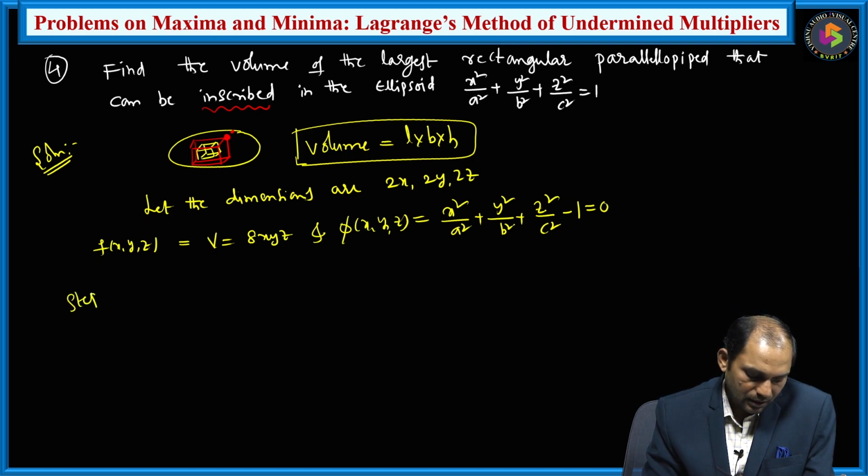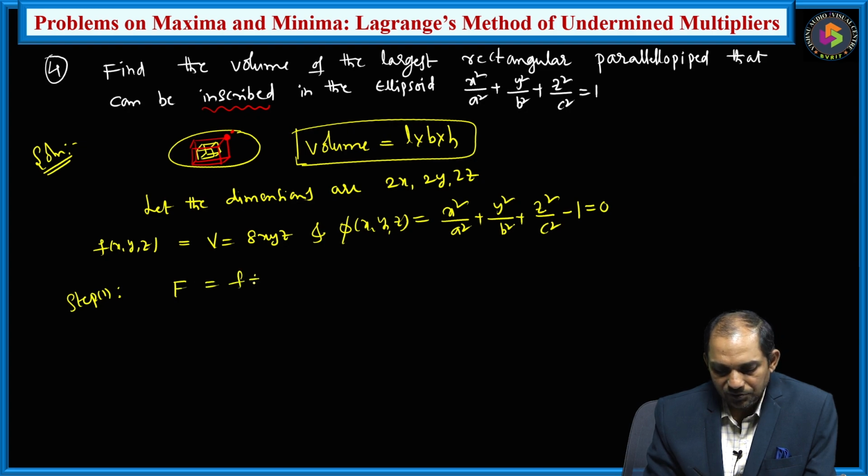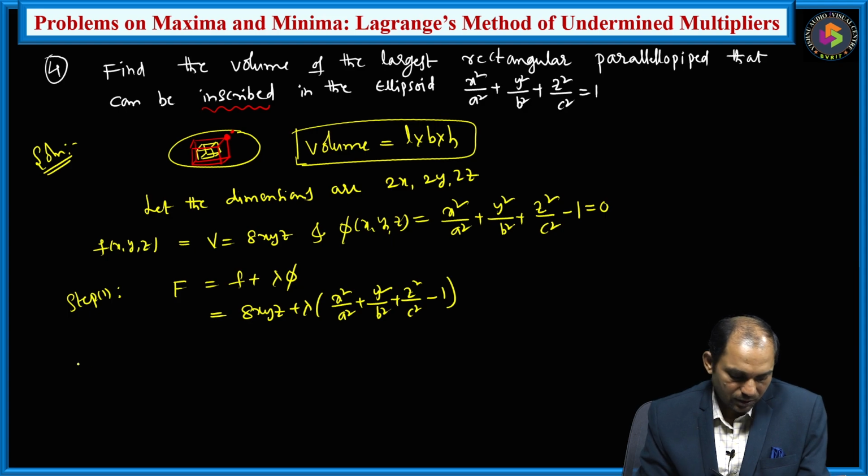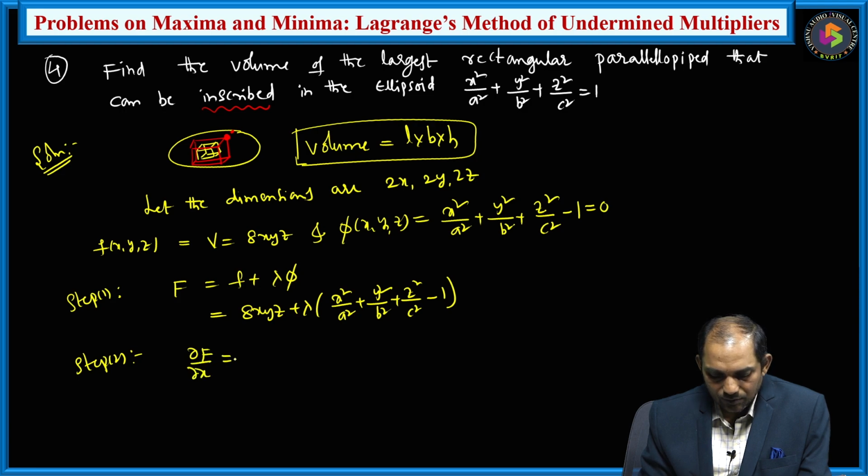As per Lagrange's method, we have to find the Lagrangian function F plus lambda phi. So here F is given by 8xyz plus lambda times x square by a square plus y square by b square plus z square by c square minus 1. In step 2, we have to find the stationary points from dou F by dou x equal to 0.